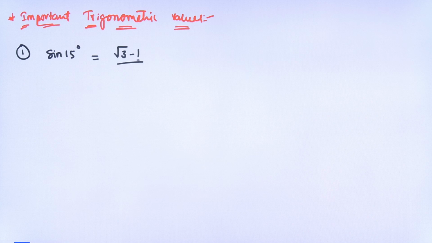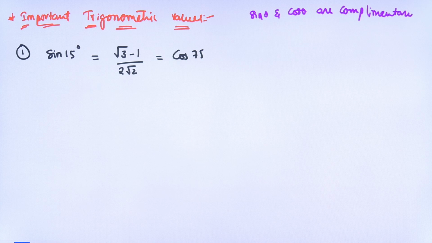Sine 15 will be (root 3 minus 1) by 2 root 2. Sine 15 will be equal to cos 75 because sine and cos are complementary angles. After 5-10 minutes, we'll discuss the complementary angles, but you have to understand here: sin theta and cos theta are complementary to each other.